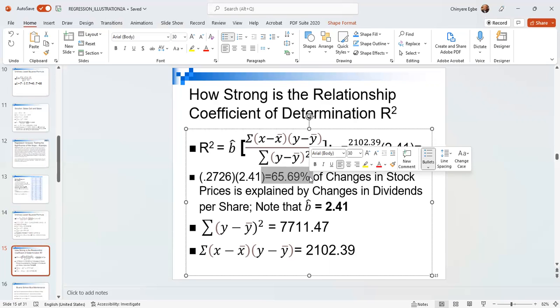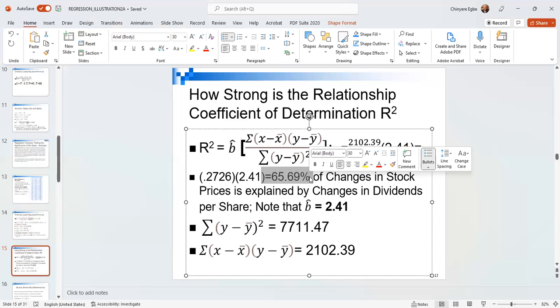All right? Very simple. It means that when investors go to buy stock, they are not looking only at whether the company is paying dividends. They are looking at other possible variables. It could be the riskiness of the company, okay? It could also be that the investors that invest in a particular company have other objectives.